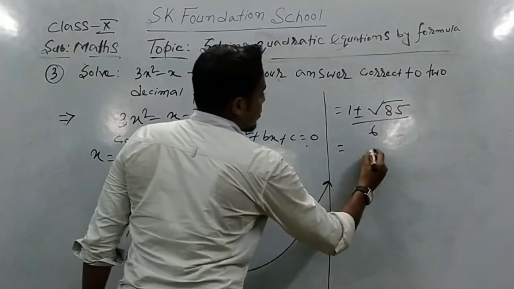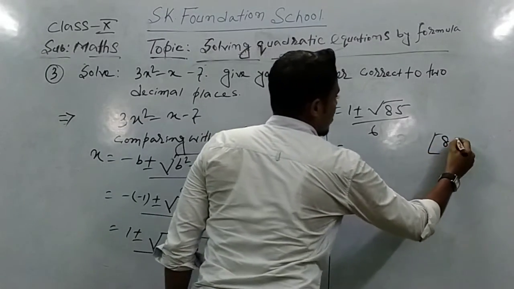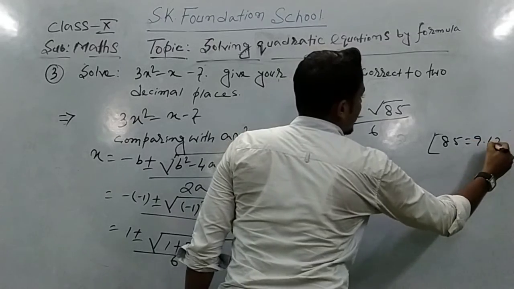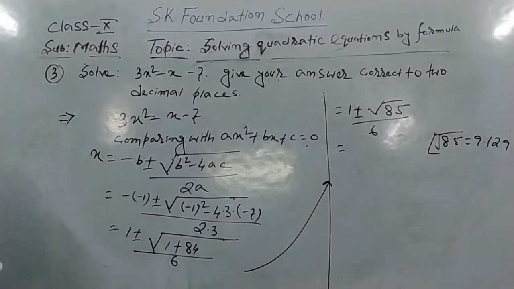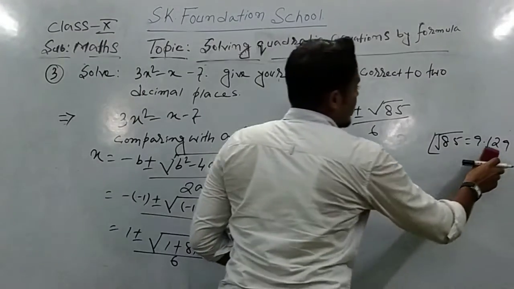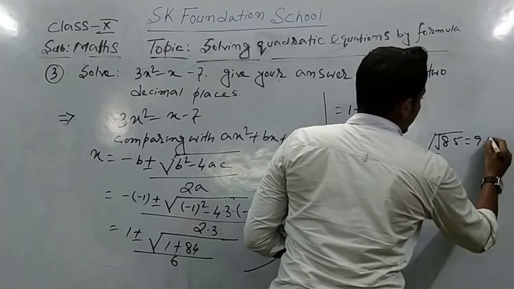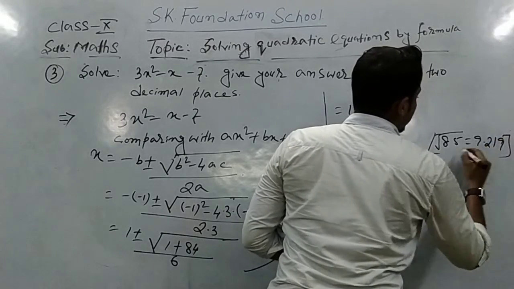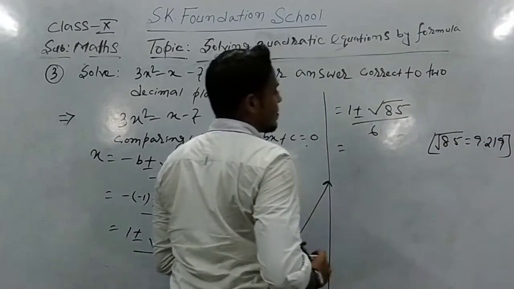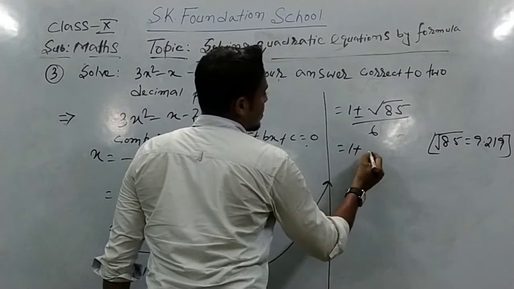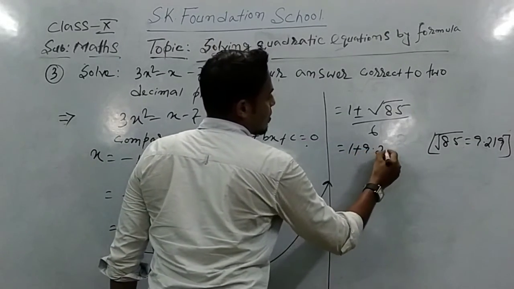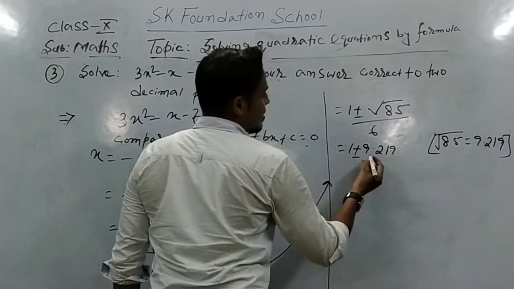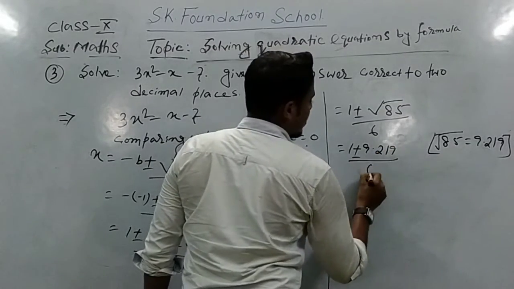The value of root 85 is 9.219. So 1 plus minus 9.219 by 6.